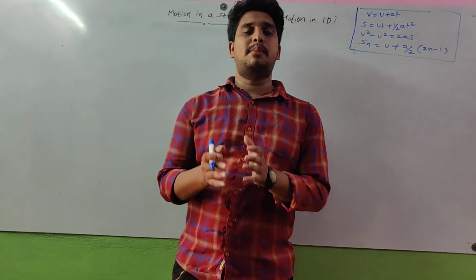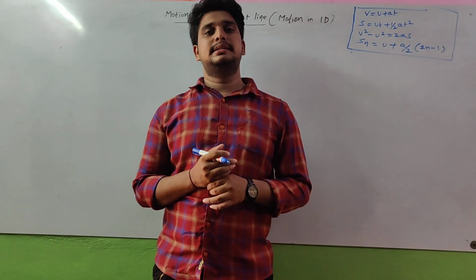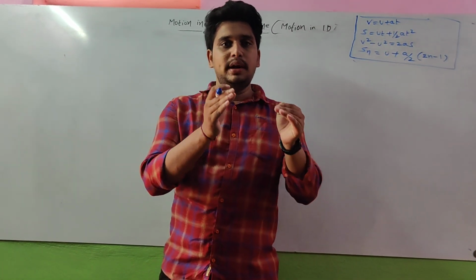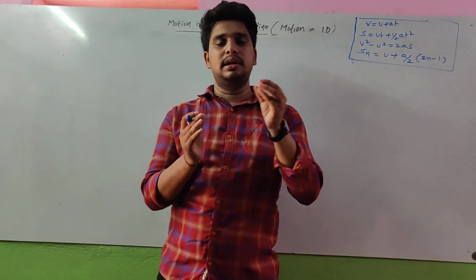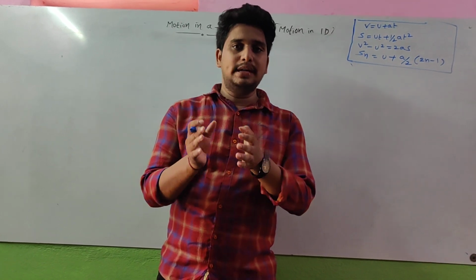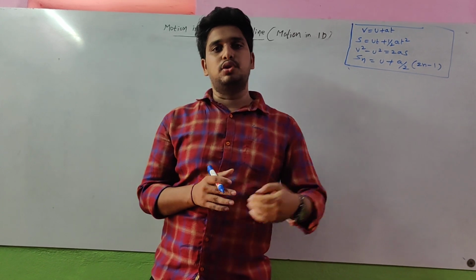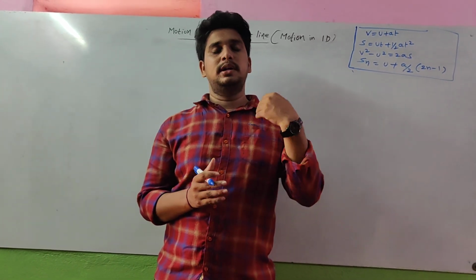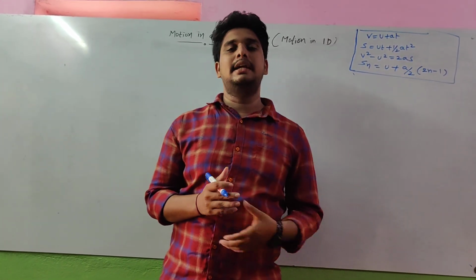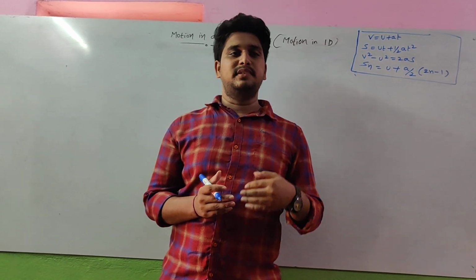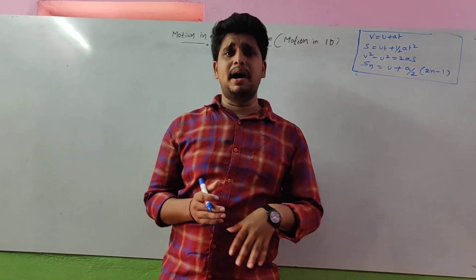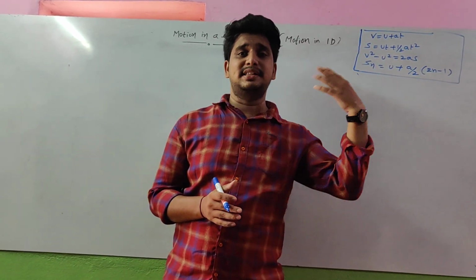Well, students, up to now I discussed these 4 equations of motion. These 4 equations of motion are not valid for circular motion and SHM. We discussed a few minutes back why circular path and SHM do not satisfy these 4 equations.